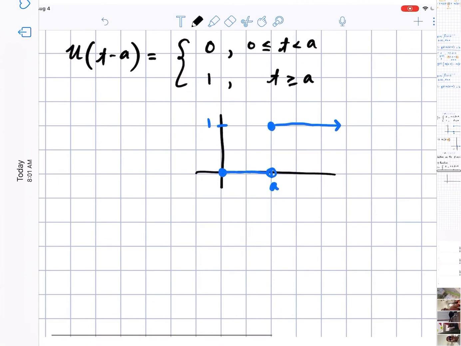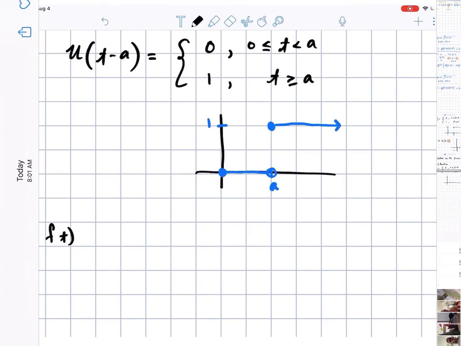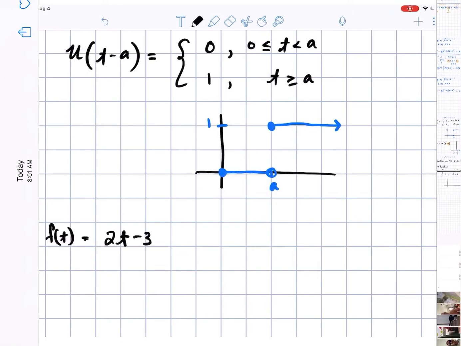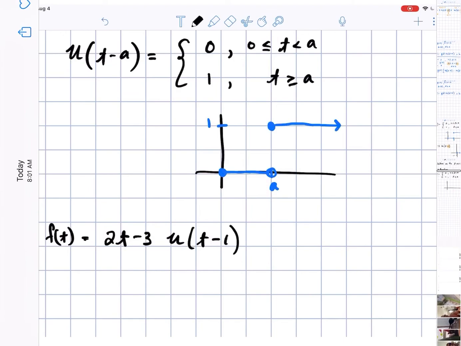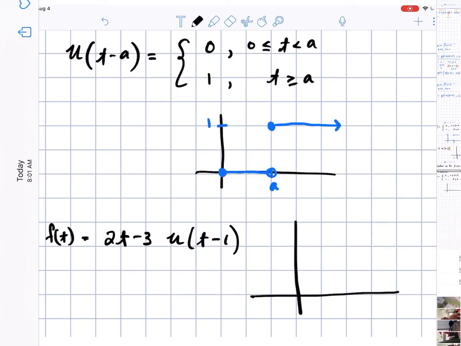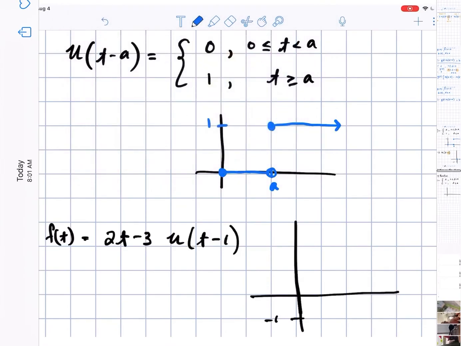we could have functions that look like this. Where you start out with that 0 to here 1, right?